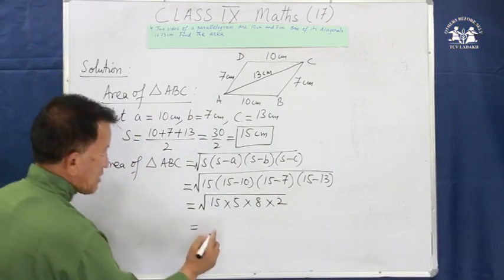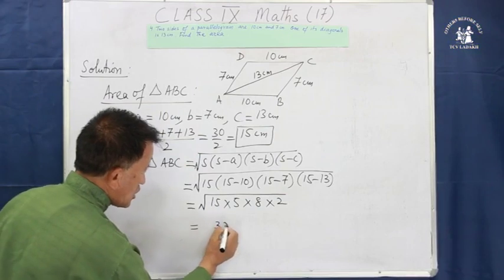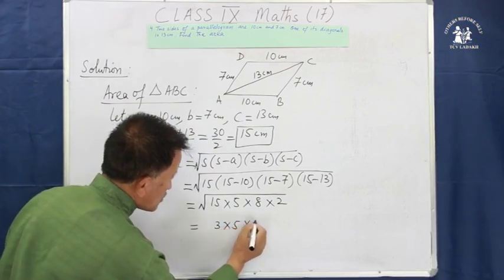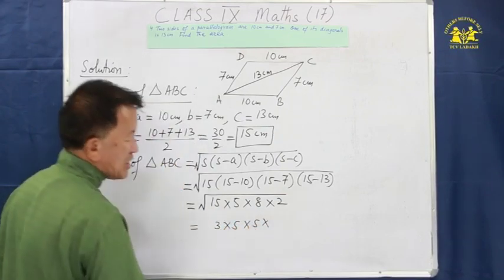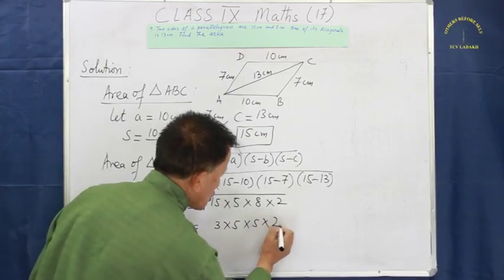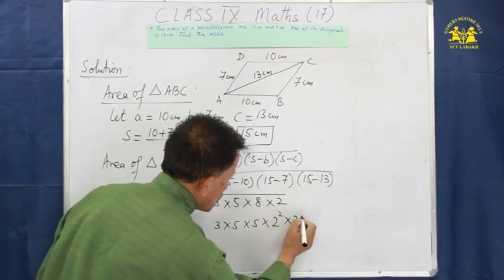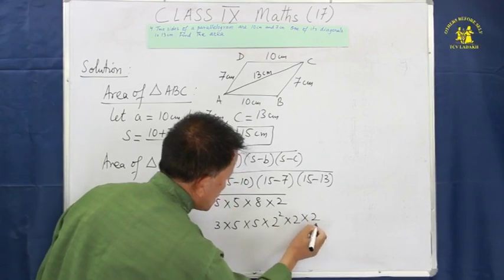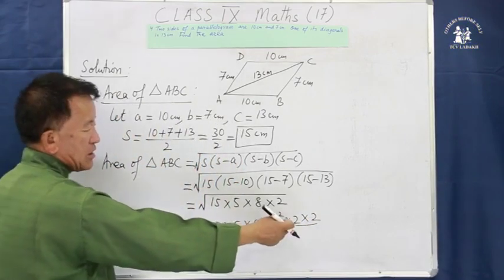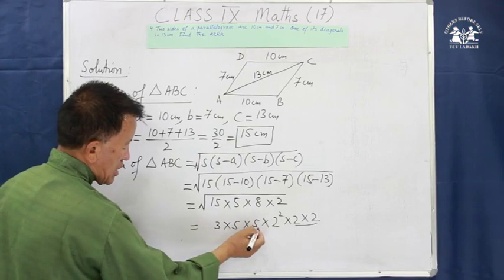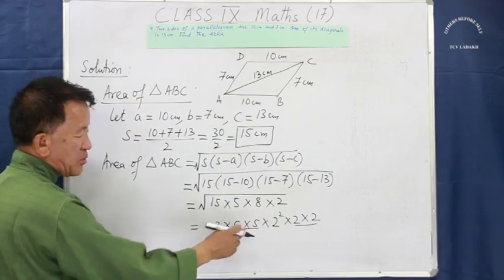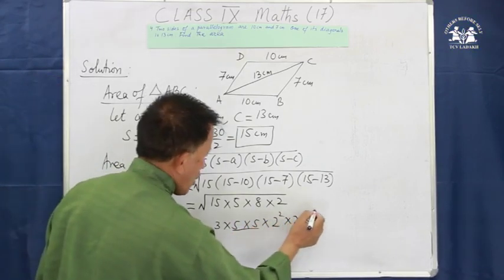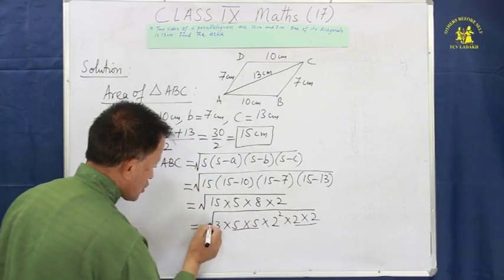So 15 can be written as 3 into 5. 8 can be written as 2 into 2 into 2, and with the other 2 together it becomes 2 square. 5 into 5 can be written as 5 square, whole square root.